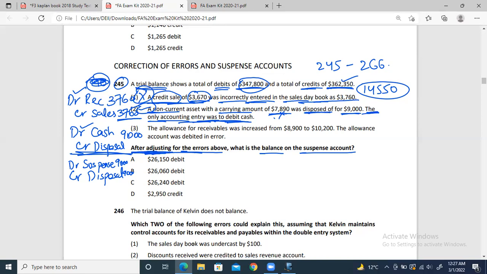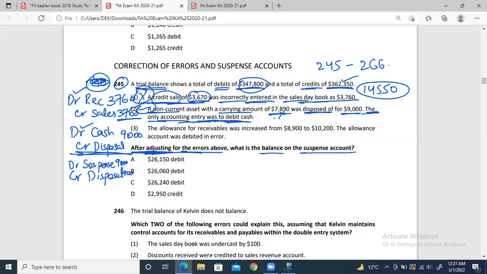The 9,000 shouldn't be on the credit side because we already debited the cash. Look, what happened is we have to see what we missed here. Debit cash we did correctly. It's written that the only accounting entry was to debit cash. What's not credited on the other side? Disposal. We did not credit the proceeds in the disposal, right? So for correcting this, cash is right, and we have to ignore what is right, because we have to focus on the mistake.